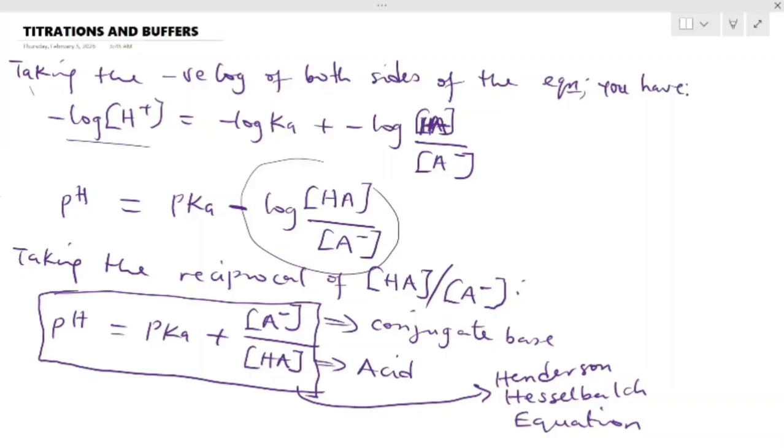So we'll do an elaborate discussion on this equation once we start talking about buffers, and we'll do some example questions so that you will see how it really flows and works. So next, we'll be talking quickly on titration. So I'll see you on the next slide.